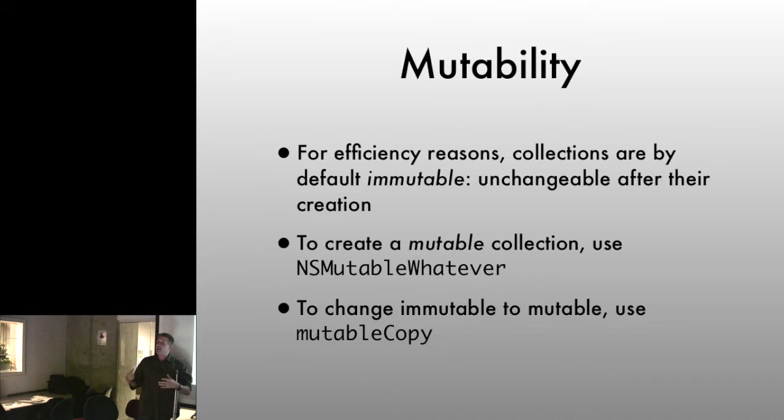You can convert an immutable collection into a mutable one if you need to modify it later, but since you're not allowed to modify the immutable one, you actually make a copy of it that you can then mutate and change. To make that change, every collection has got a method called mutable copy that returns back a copy of itself, except as a mutable collection. Clear?